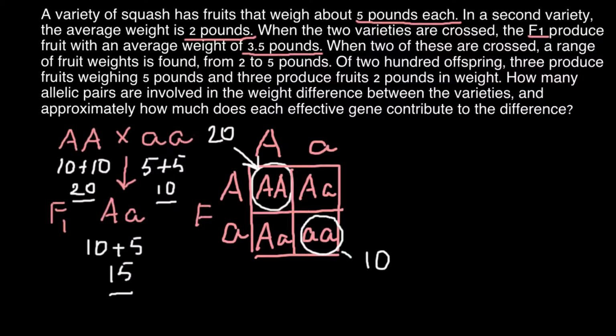And also, as you see, we have an intermediate genotype that would also produce an intermediate phenotype. So the dominant allele would give us 10 centimeters and the recessive allele would give us 5 centimeters. So in total, this genotype would produce a phenotype that is 15 centimeters. But as you see, the distribution is not even.